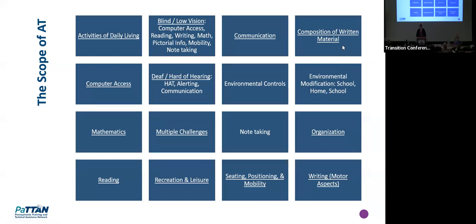I'm actually going to move the transcription down so that what it was covering at the top, you could see that we've got so many different areas. We've got areas of daily living, communication, and environmental controls, something that you may already have in your home that you're not even thinking is assistive technology, but can benefit students every single day.